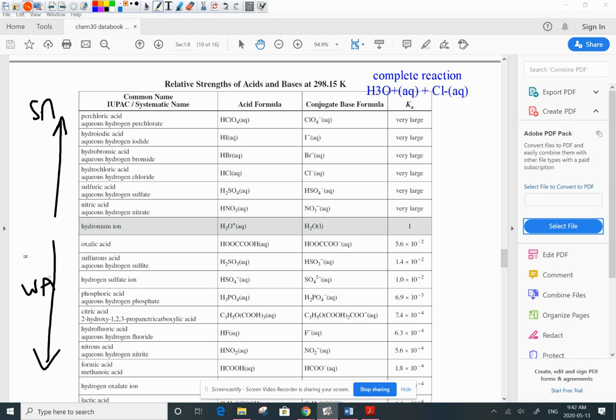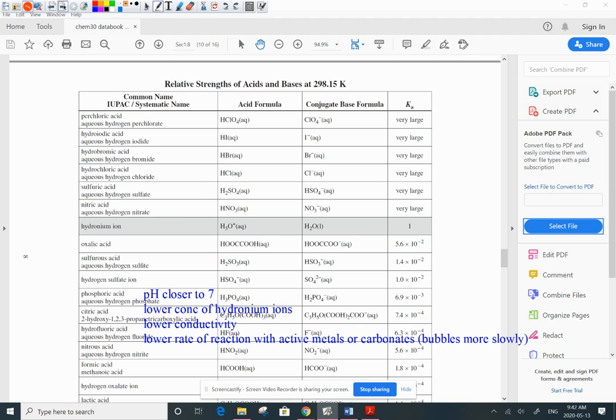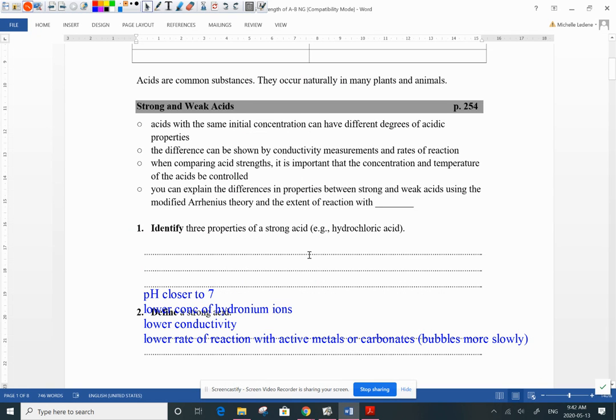Okay, but why? And that's what we're talking about in this booklet. All of these guys here react with water 100%. It's a complete reaction, 99% or higher, and that is going to produce hydronium ions. Okay, the weak acids do not react as much with water, and because of that, they are weak, right?